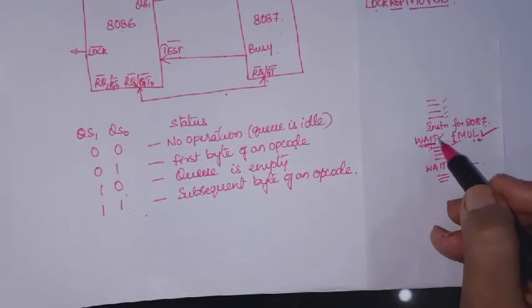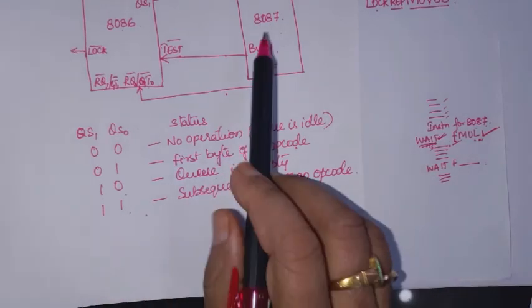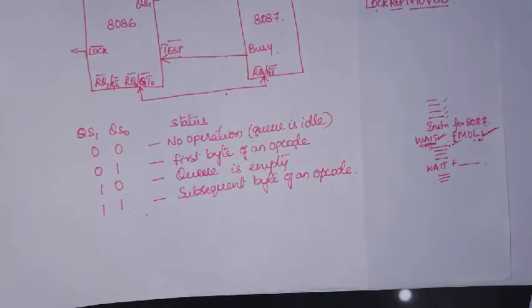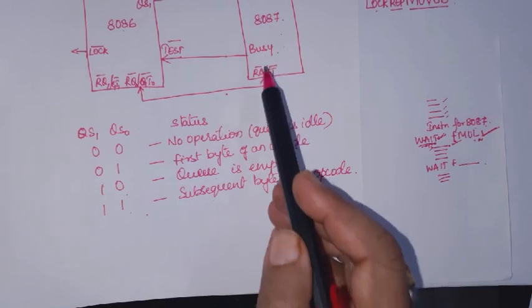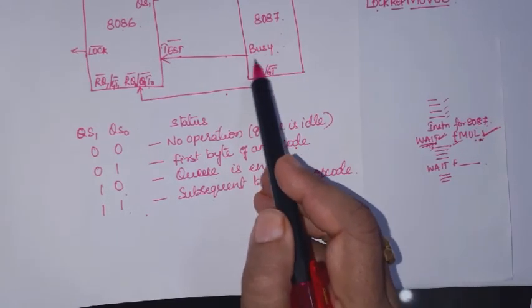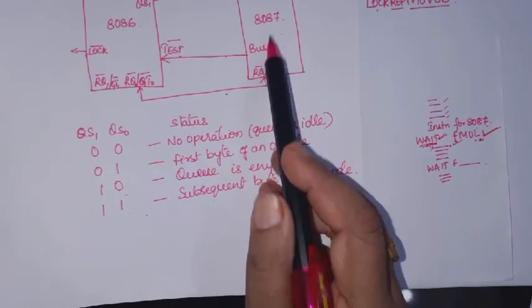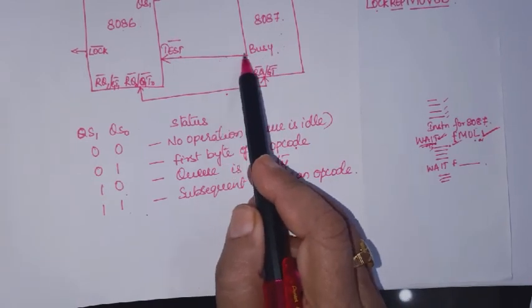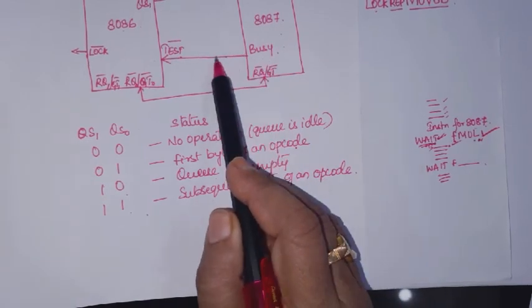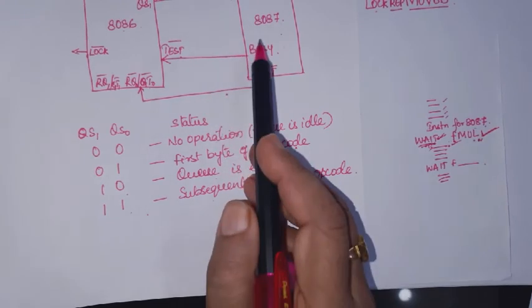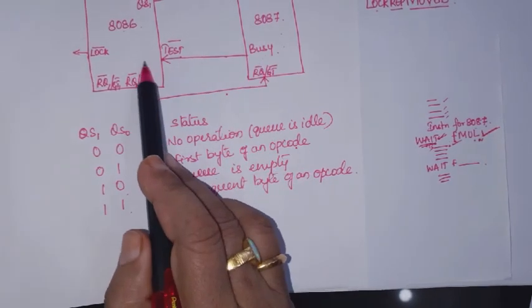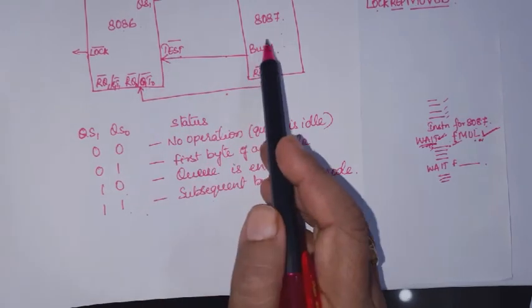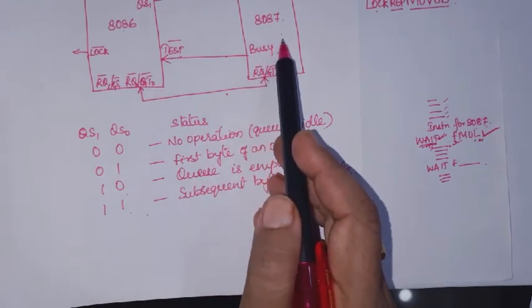So when this instruction is executed, the 8087 indicates by the BUSY pin that it is under execution. So this pin will be high. When it is busy, this pin is high, and the processor will be waiting for the finish of this instruction execution.